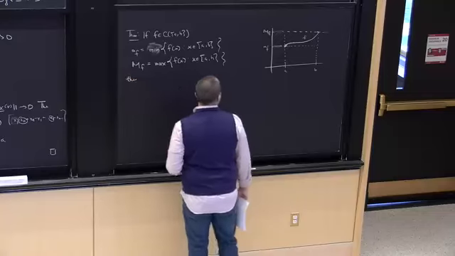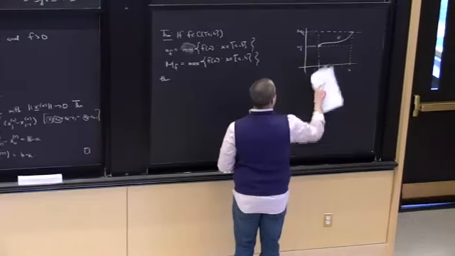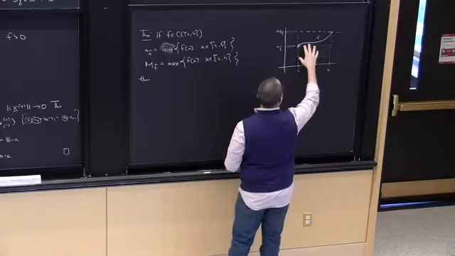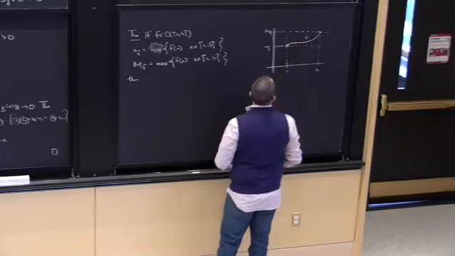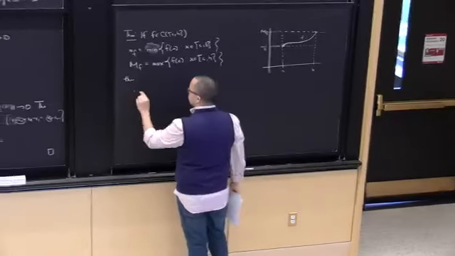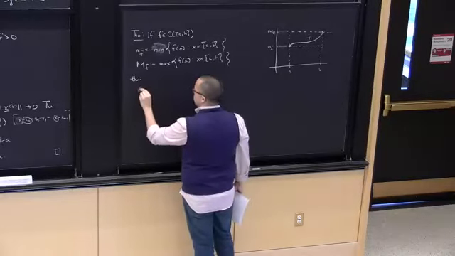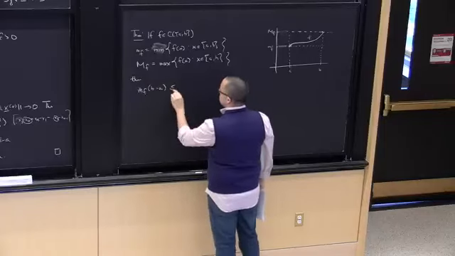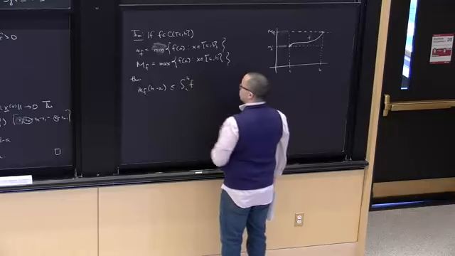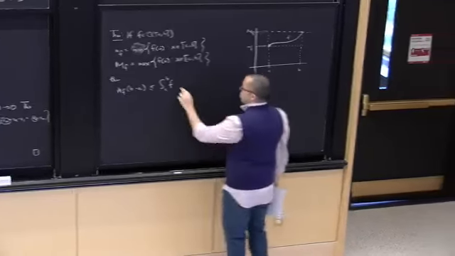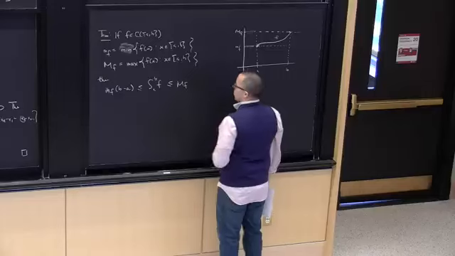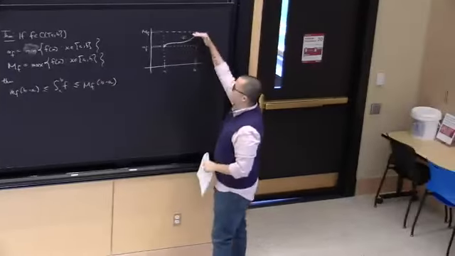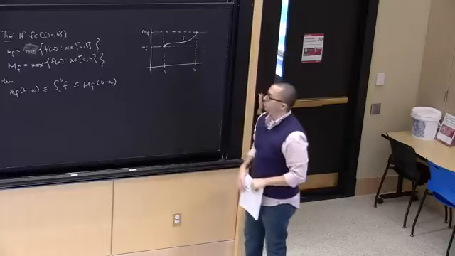Then, as I was saying a minute ago, the area underneath the curve little m sub f, which is this smaller square, is less than or equal to the area underneath the curve of f. So little m sub f times b minus a, the area underneath the minimum, is less than or equal to the area underneath the curve of f, which is less than or equal to the area underneath the curve of the taller line, capital M sub f. Okay?